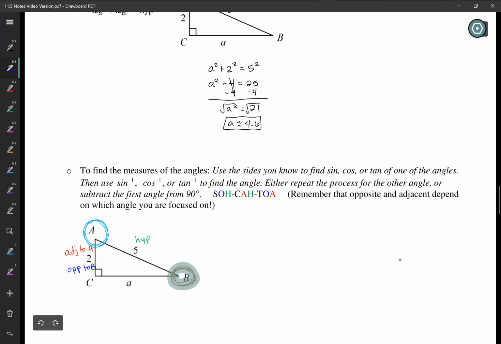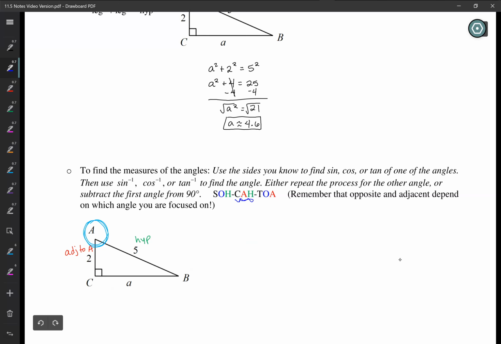So I'm going to start with A. Let's look at A. And I am going to try to figure out how big angle A is. So instead of using the symbol theta like we did in the other example, we're just going to use the symbol A. So I know the adjacent side and I know the hypotenuse.